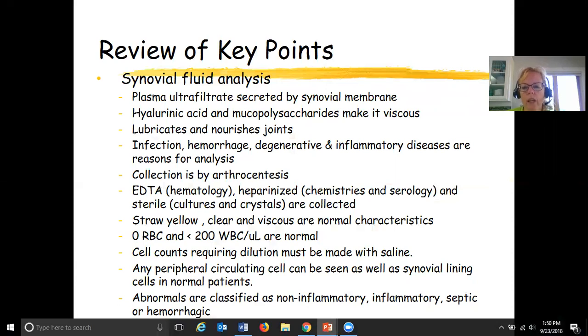But just remember that negative birefringents are unique to uric acid crystals. They're yellow when lined up and blue when not lined up. And then positive birefringent are associated with calcium pyrophosphate, which are pseudogout, and they are blue when lined up and yellow when not lined up. So if you need to make yourself a flashcard for that, you might want to do that.